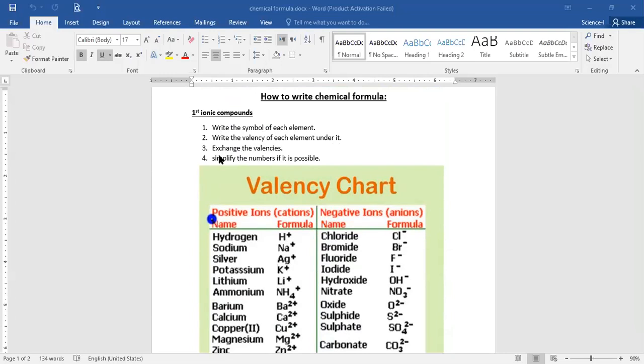If we can simplify, we simplify; if not, we leave it. For example, 2 and 2 could be simplified, 2 and 4 could be simplified, but 1 and 2 or 1 and 3 cannot be simplified. Is that clear, guys?